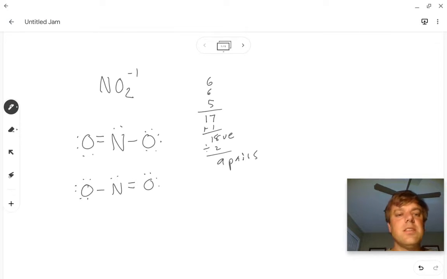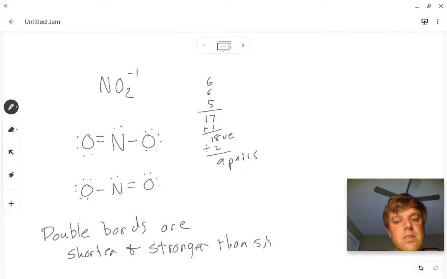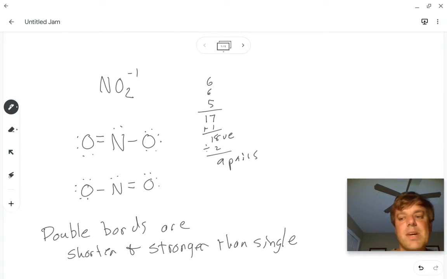Now, the thing to note is that double bonds are shorter and stronger than single bonds. And as you might guess, a triple bond is even shorter and even stronger, which is why nitrogen fixing bacteria are necessary for us to live.